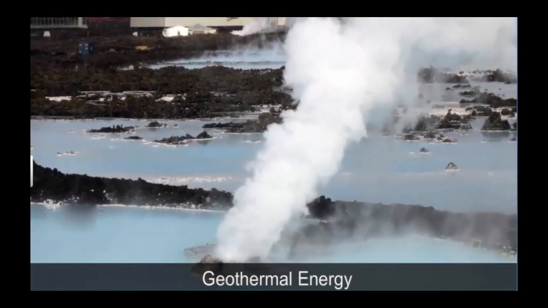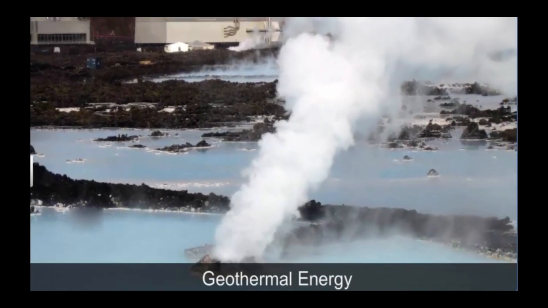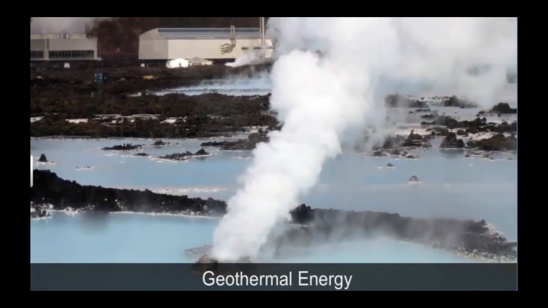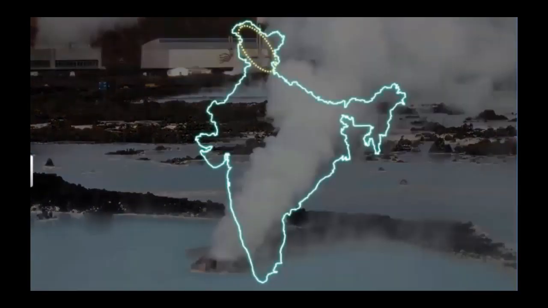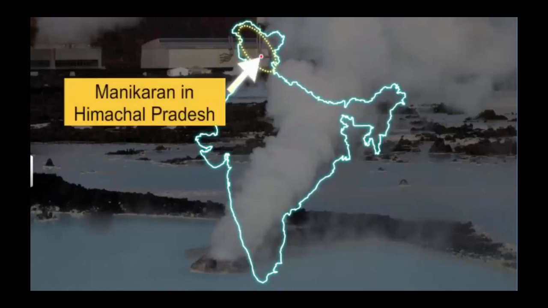This steam is used to generate electricity. Hot springs have been discovered in many places in India. Experimental projects to utilize geothermal energy have been set up at the Parvati Valley near Manikaran in Himachal Pradesh and the Puga Valley in Ladakh.